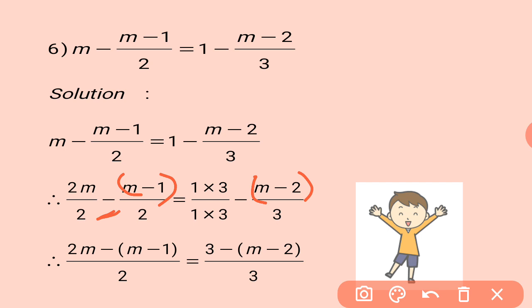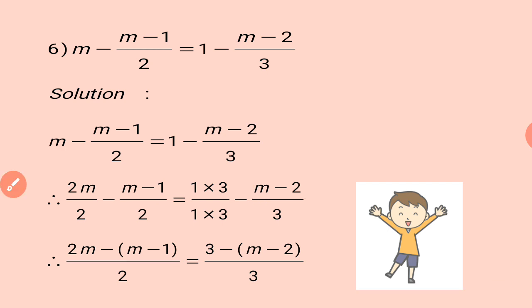So in the next step you will see that it is written 2m as it is, minus as it is, and then we have enclosed m minus 1 in the bracket. Similarly on the right hand side 3 is 3, minus is written as it is and m minus 2 is put in the bracket. After this you open the bracket.